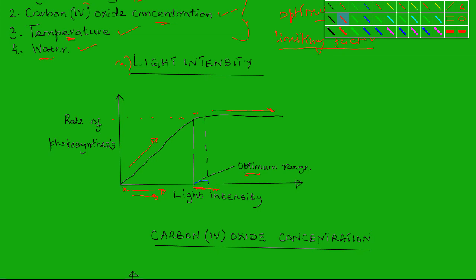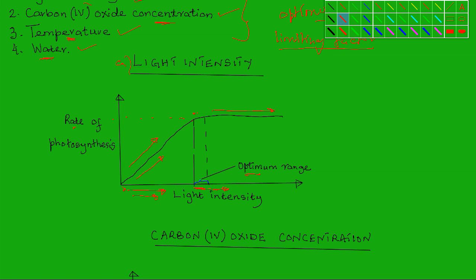Despite these occasional fluctuations, the level in the atmosphere remains remarkably constant. It's always at about this 0.04%. This normally low atmospheric carbon dioxide concentration is a major limiting factor to photosynthesis. So under natural conditions, carbon dioxide level is what limits the rate at which photosynthesis will take place.